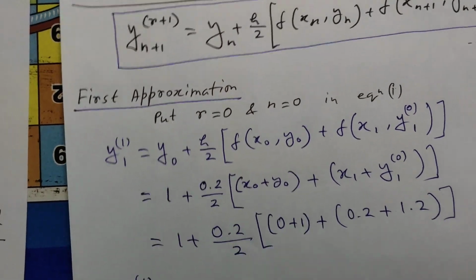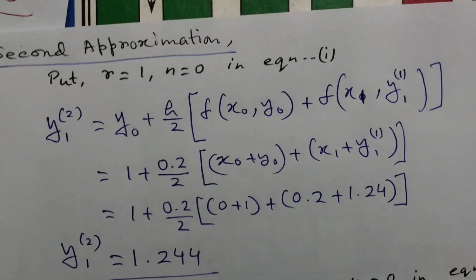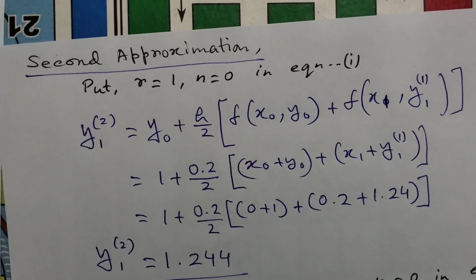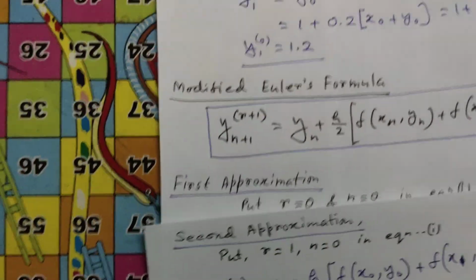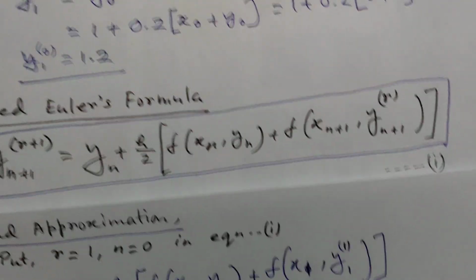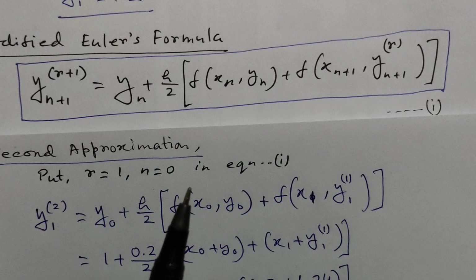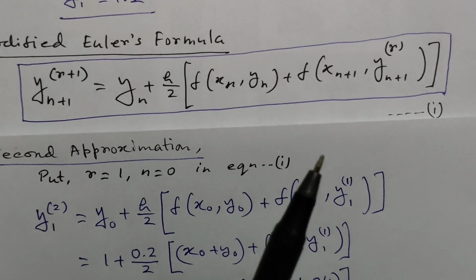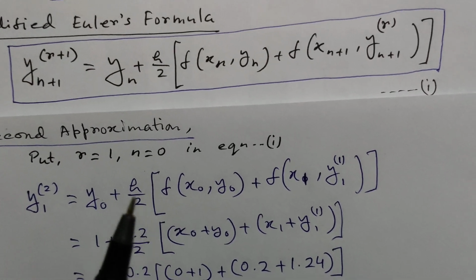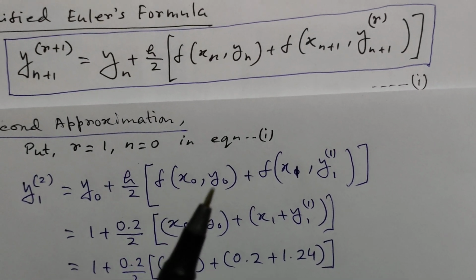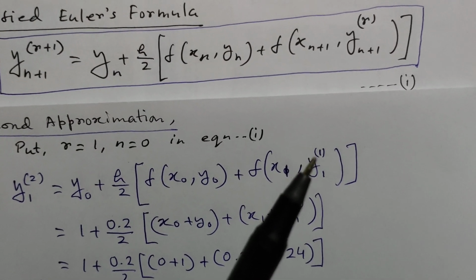Now coming to the second approximation, put r equals 1 and n equals 0 in equation 1. This one is our equation 1. Putting these values in this equation, we get y1^(2) equals y0 plus h by 2 [f(x0, y0) plus f(x1, y1^(1))].